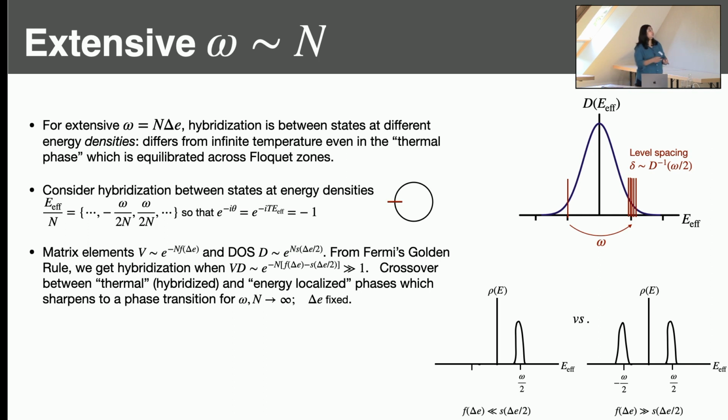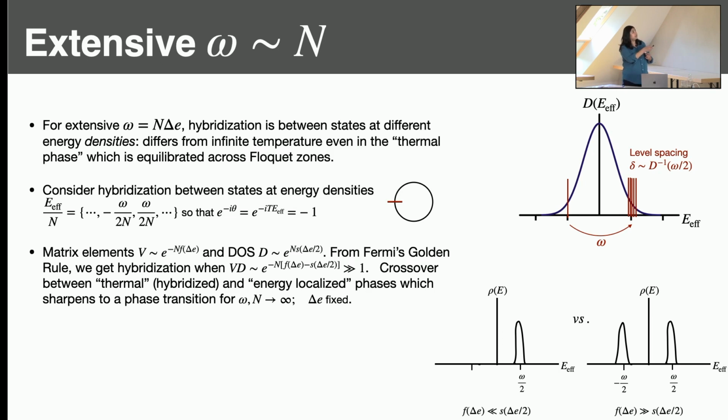Okay, so this gives you a simple condition: when the matrix element dominates over the level spacing, you'll end up with Floquet eigenstates that are equally populated between minus omega over 2 and plus omega over 2, versus when the matrix element is small compared to the inverse level spacing, you'll end up with these energy localized eigenstates, okay?